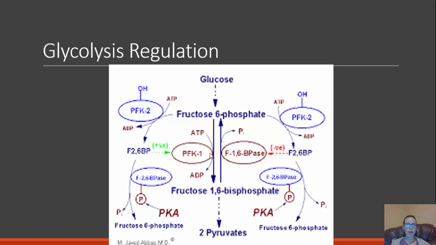PFK1 drives the reaction down, whereas F1,6BPase drives it up. This makes sense because PFK is a kinase, which adds the phosphate on to drive this down, and bisphosphatase takes the phosphate off and counters the action of the kinase and drives the reaction the other way.